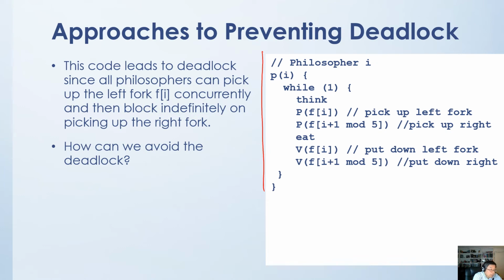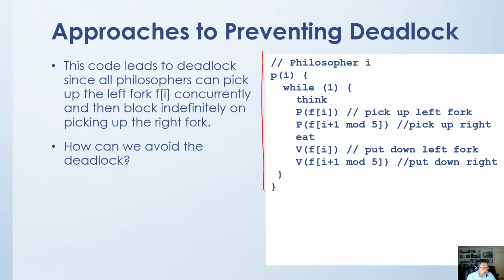Because all the philosophers can pick up the left forks fi concurrently and then block indefinitely on picking up the right forks.